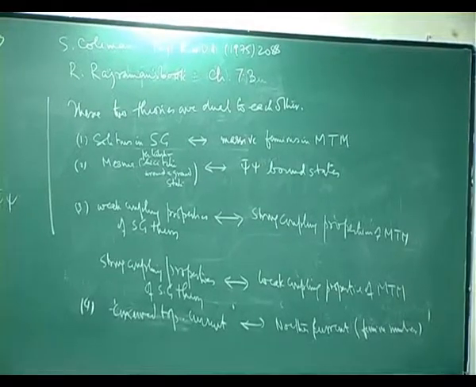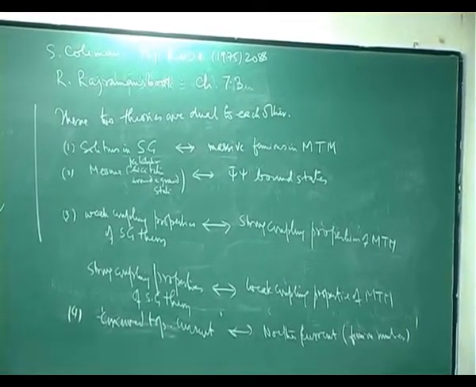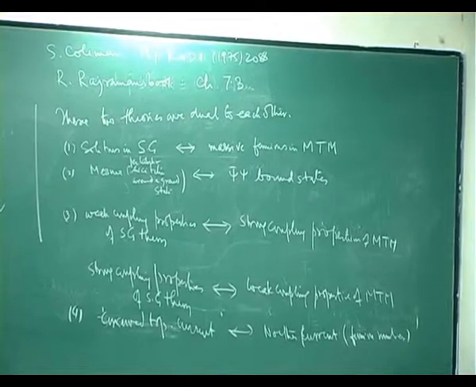Now we'll try to ask the question, are there theories which are both self-dual as well as dual in the second sense? So they are dual both in the first sense and the second sense.